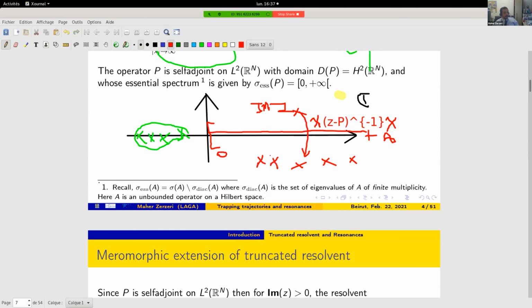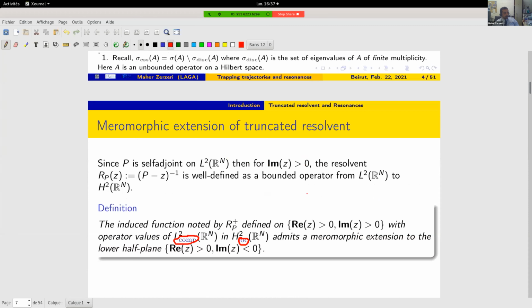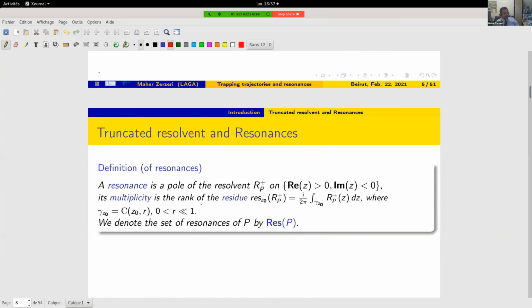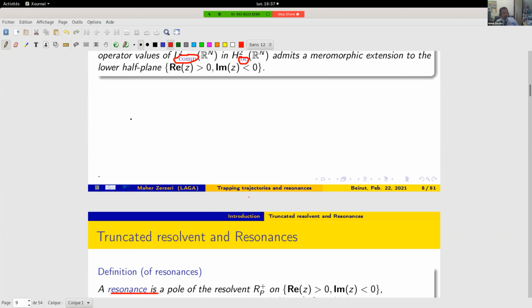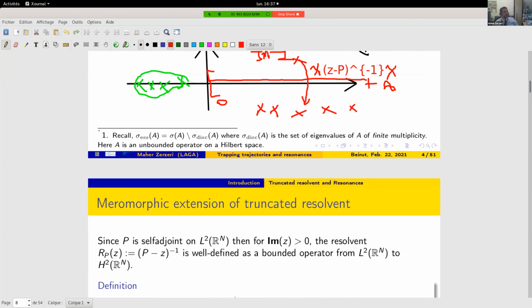These poles are, by definition, the resonances of P. This is the abstract way to define the resonances of a self-adjoint operator which admits essential spectrum.